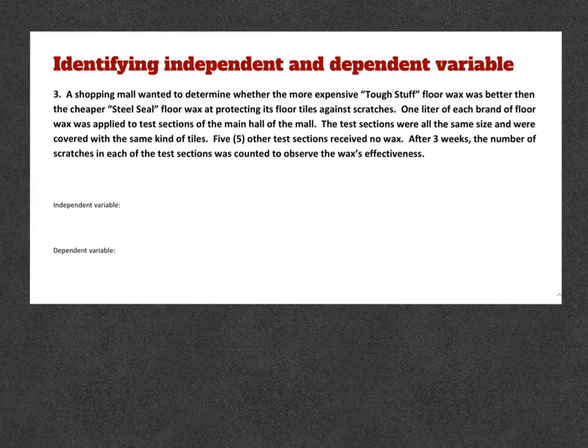Identifying independent variables. I want you to read the problem first because if you don't understand the problem, you're not gonna be able to identify the independent and the dependent variable. The shopping mall wanted to determine whether the more expensive Tough Stuff floor wax was better than the cheaper Steel Seal floor wax at protecting its floor tiles against scratches. 1 liter of each brand of floor wax was applied to test sections of the main hall of the mall.